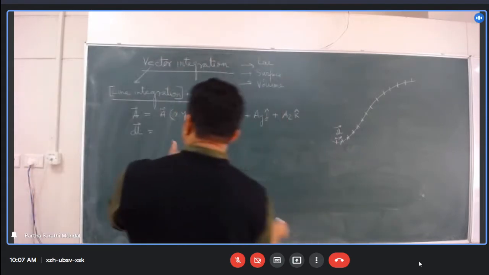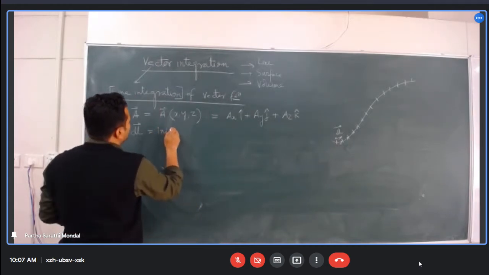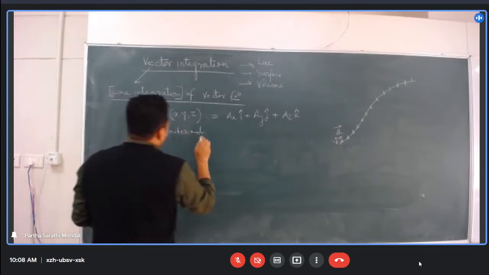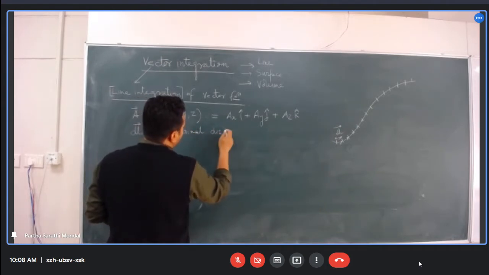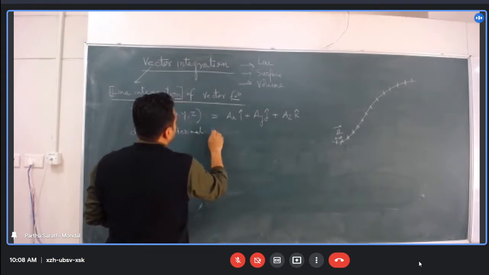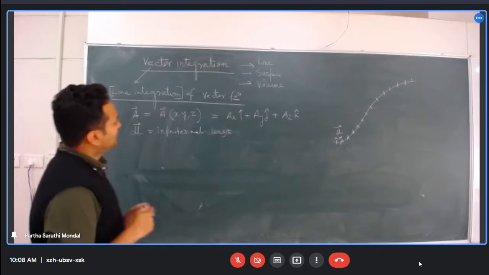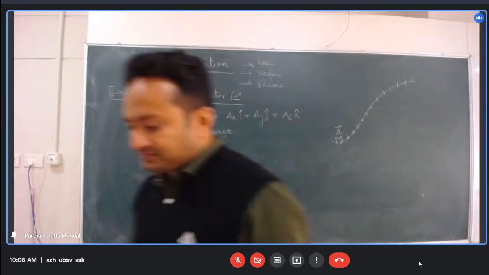We call dl infinitesimal, very small, a distance or displacement vector. Let's say distance or length: infinitesimal length.